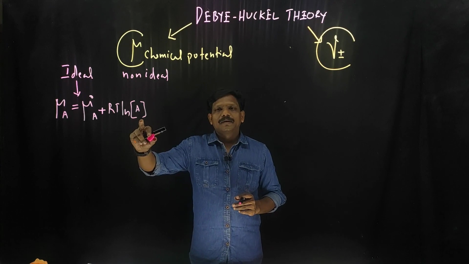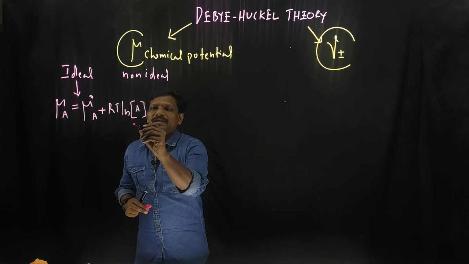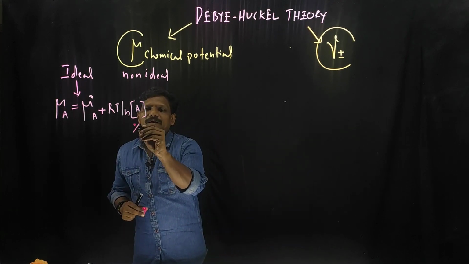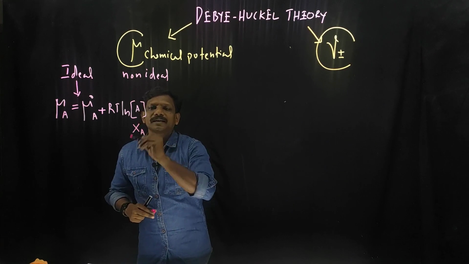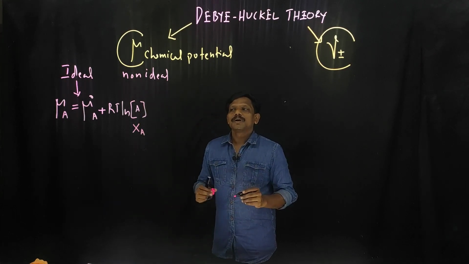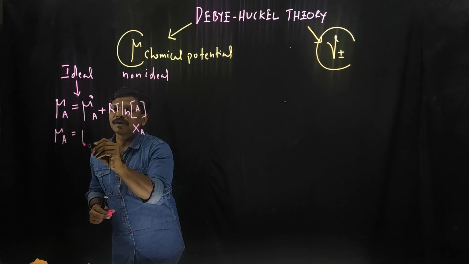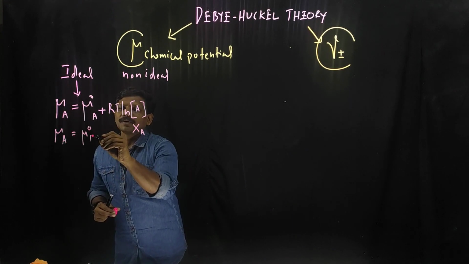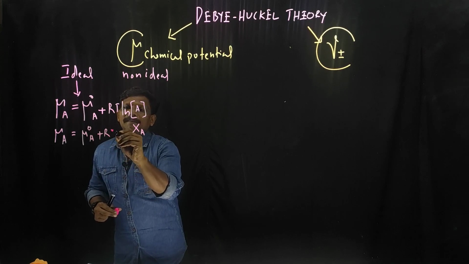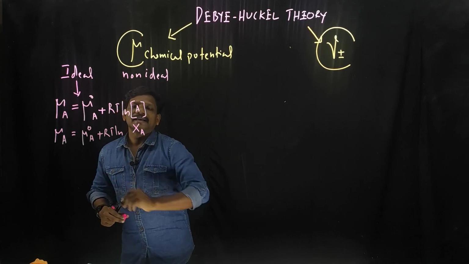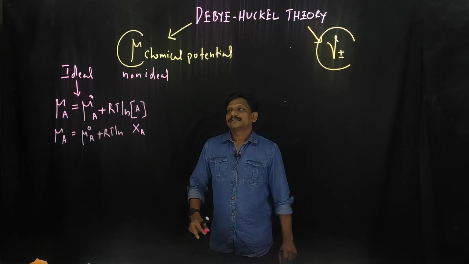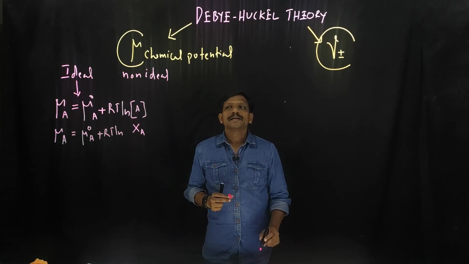Here you can also express A in another concentration term called XA, where XA is the mole fraction. So you can also write this equation as mu A is equal to mu 0 A plus RT ln XA.